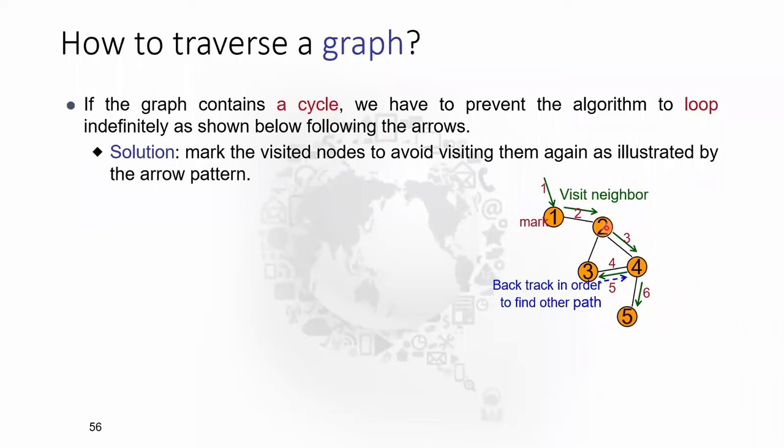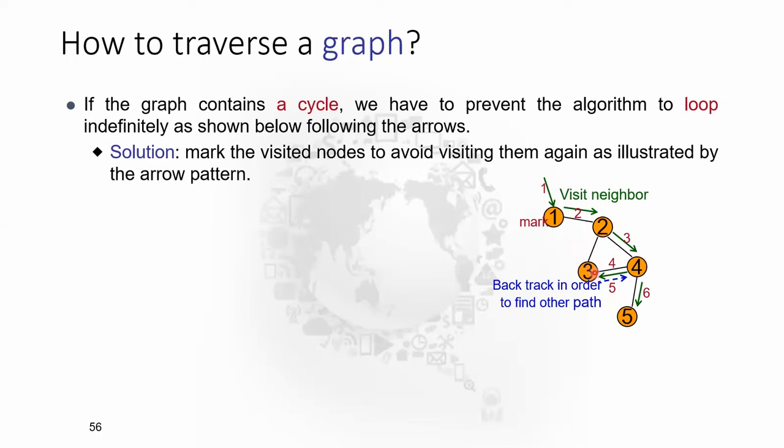So it's possible that when you go to 2, then you go to 4, then you go to 3. If you did not do anything, you just travel along, it's possible that you go from 3 to 2, then 2 to 4, then 4 to 3. So it will keep going on infinitely.